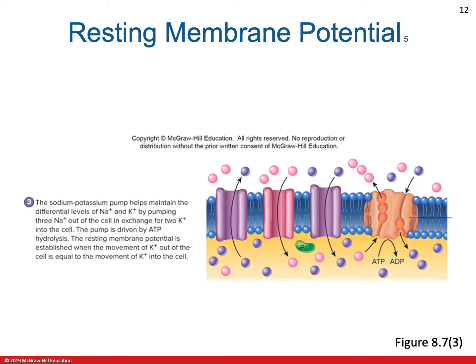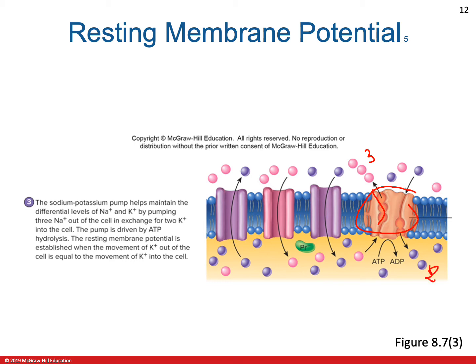So here, the sodium-potassium pump helps maintain, this is your sodium-potassium pump again, the differential level of sodium and potassium by pumping 3 sodium from inside going outside. So 3, right? And in exchange, 2 potassium from outside going inside.